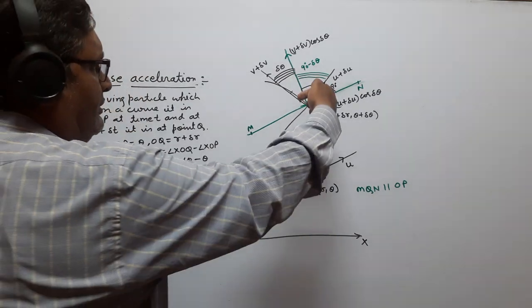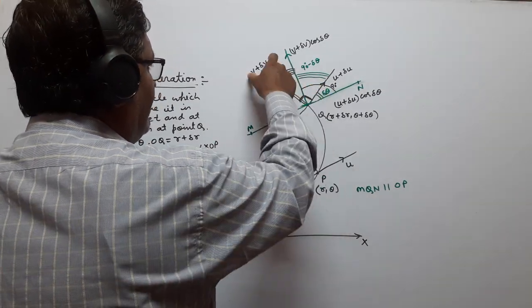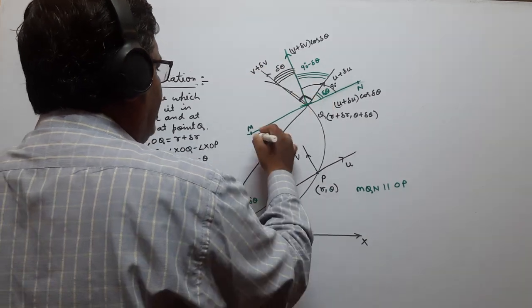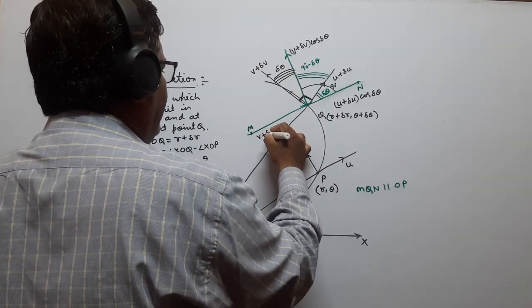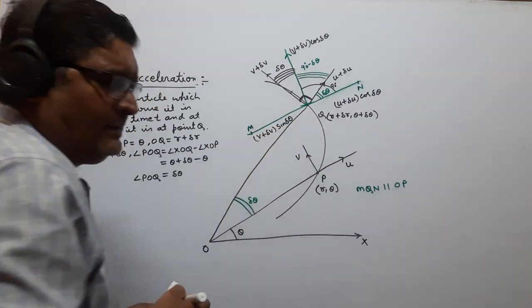And the component of v plus del v along QM is v plus del v sin del theta.